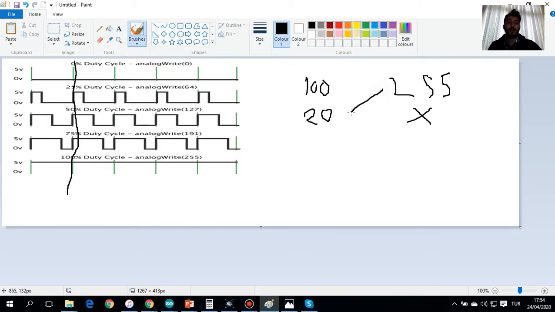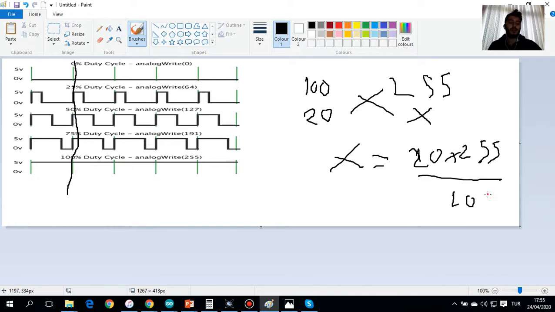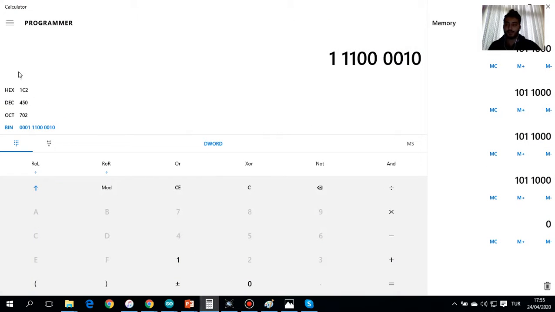This is simple math. I'll call it x. X equals 20 times 255 divided by 100, and then I'll have the value to get the 20% duty cycle.